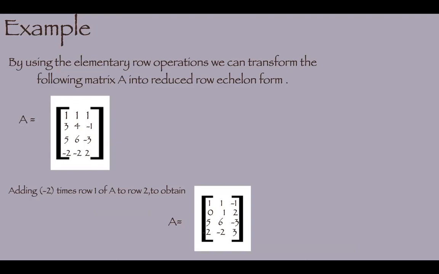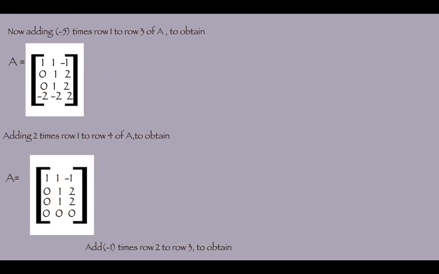You can see the change in the given matrix there, and now we have to add minus 5 times row 1 to row 3 of A to obtain this, and then we have to add 2 times row 1 to row 4 of A. So the matrix will be: first row 1 1 minus 1, second row 0 1 2, 0 1 2 0 0 0.